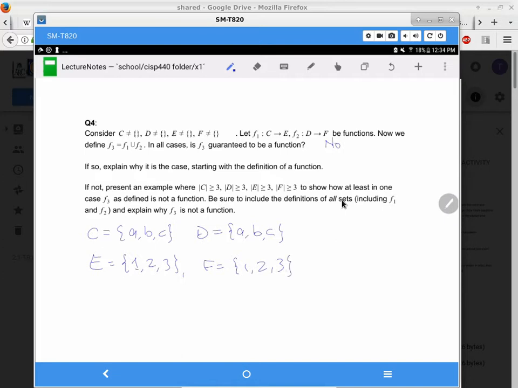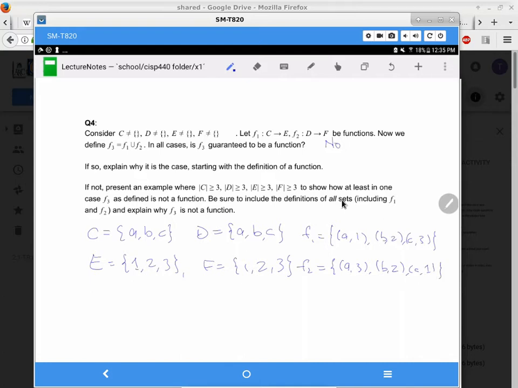Okay, there's no restriction saying that you cannot use the same set for multiple of these particular sets. So in this case, F1 can be, okay, just one way to do it, (A,1), (B,2), (C,3). And then F2 can be defined to be (A,3), (B,2), and (C,1).